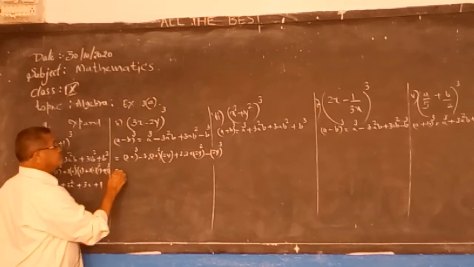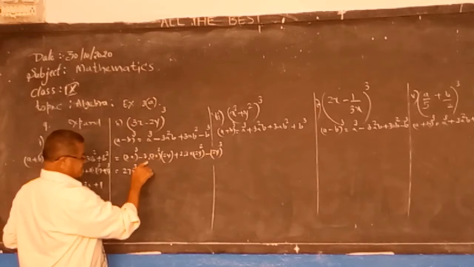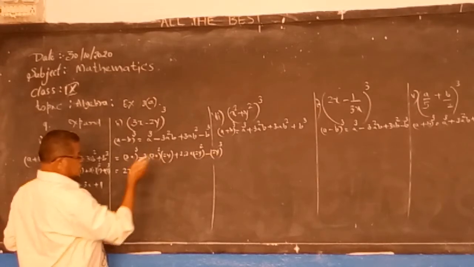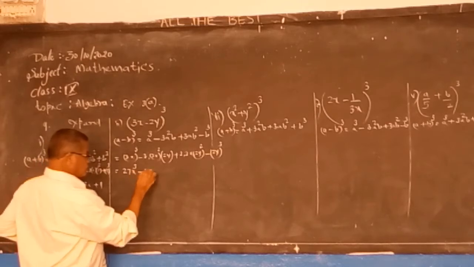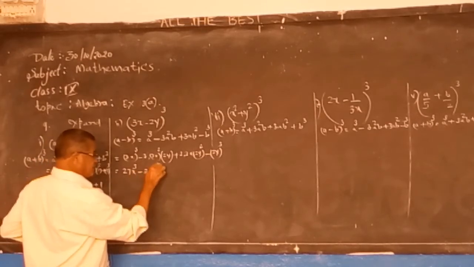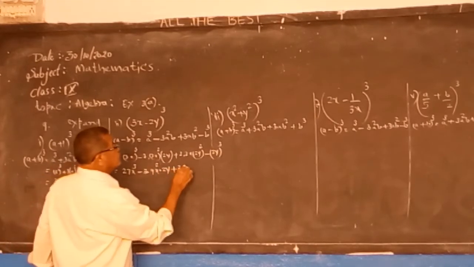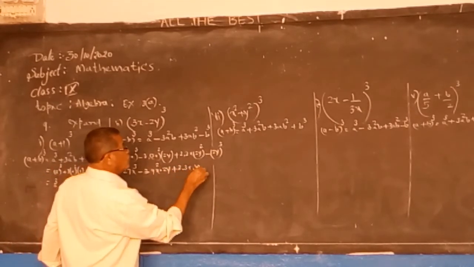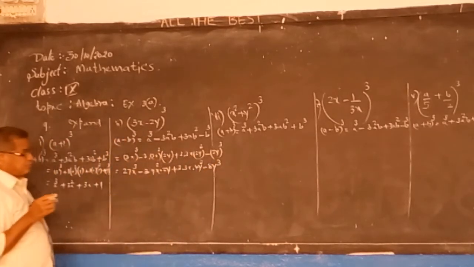Now simplify. 27x cube, 9 is this, (3x) whole square, 9. 9 into 3. Otherwise, you write one more step: 9x squared into 2y plus 3 into 3x into 4y squared minus 8y cube.